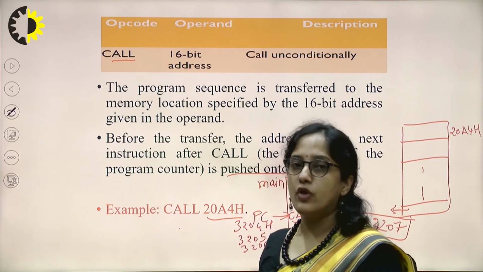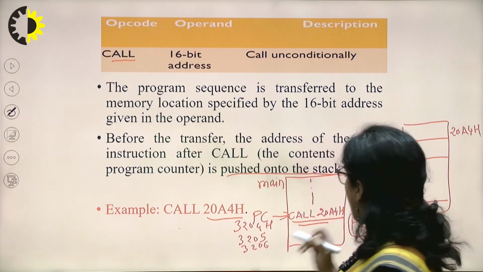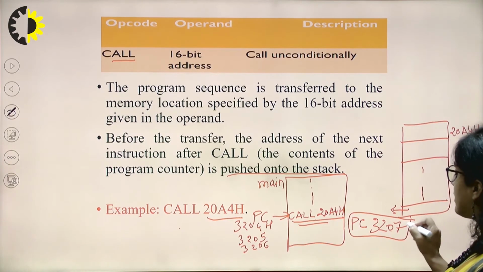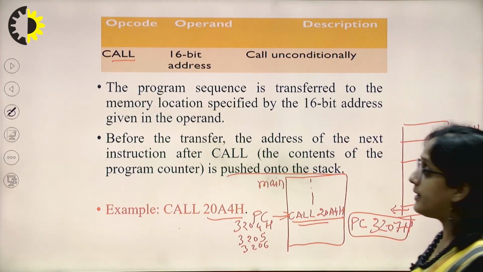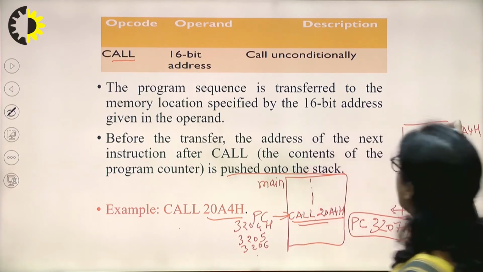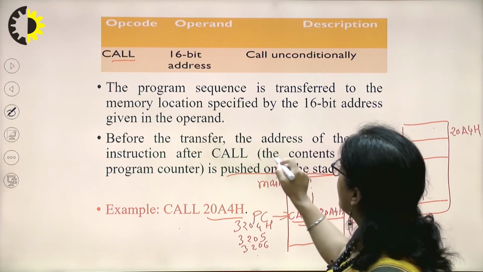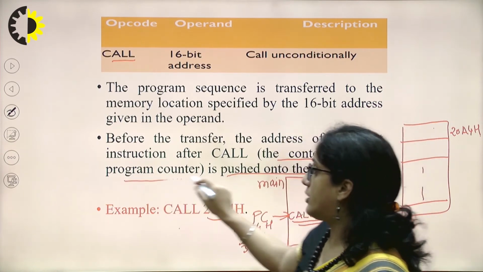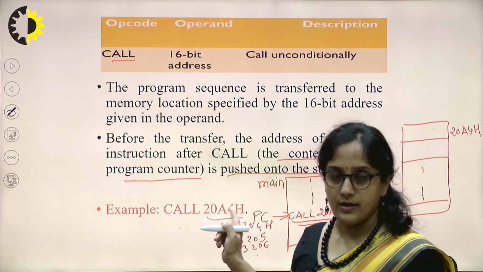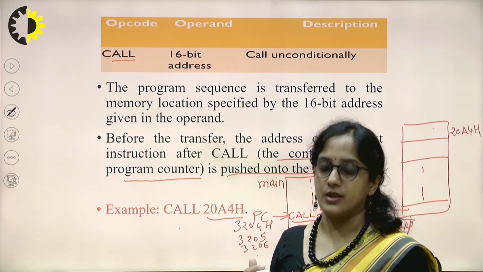But in case of call, we have to come back to the main program. So that's why we need to store this 3207H, the content of PC. Before the transfer to the new location, that is the subroutine, the microprocessor has to store the content of the program counter onto the stack. That is done automatically by using the push operation.